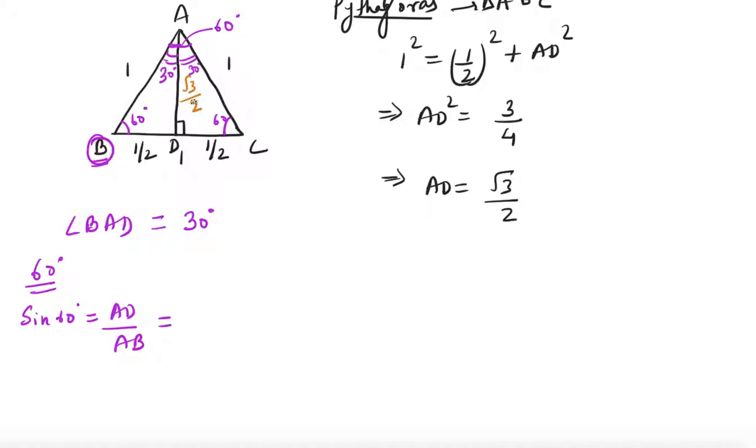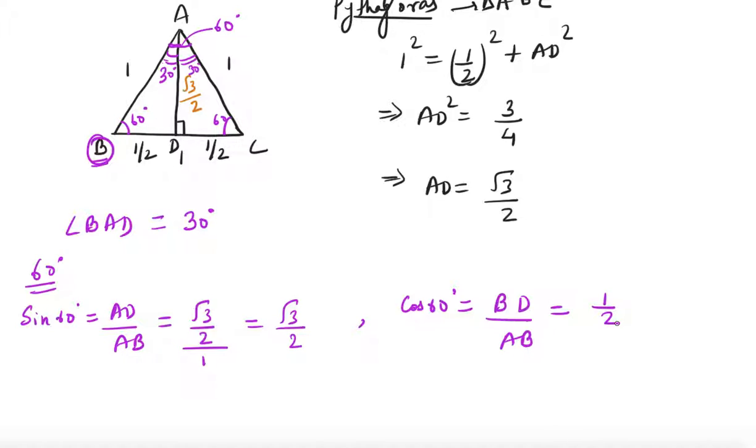AD is root 3 by 2, so sine 60 is root 3 by 2 divided by 1, which gives root 3 by 2. Similarly, cos 60 is the ratio of base BD by hypotenuse AB. BD is half and AB is again 1, so cos 60 is half.